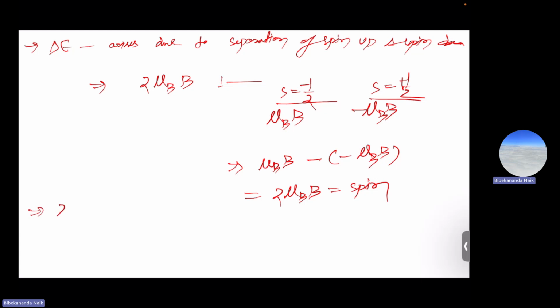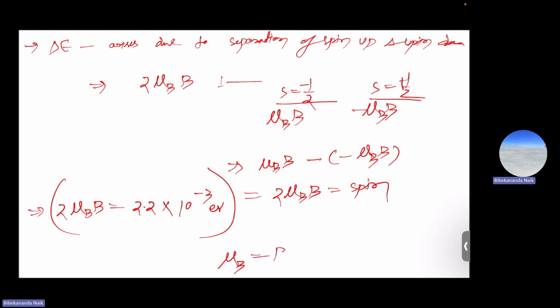Now this 2 mu B B equals 2.2 into 10 to the power minus 3 eV, where mu B is the Bohr magneton, and the value is 9.274 into 10 to the power minus 24 joule per Tesla.